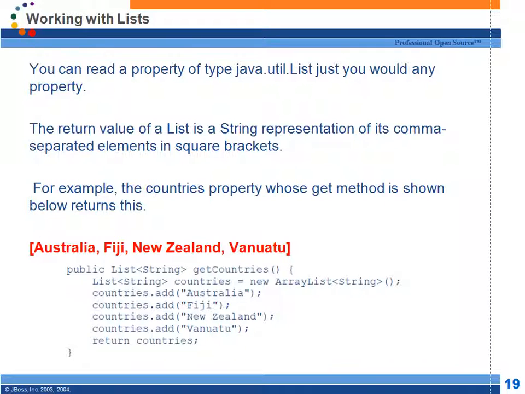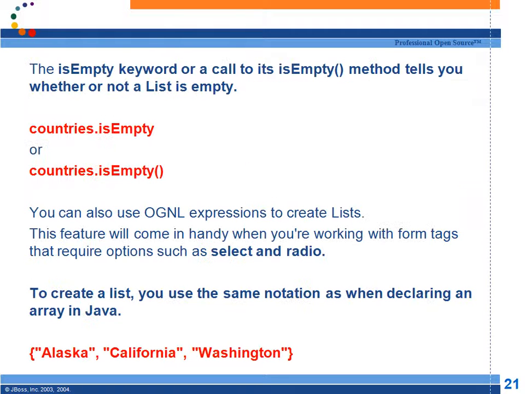Working with the list. See here, there is a method called getCountries, which is returning a list of countries. So if you try to print s:property countries, it will print. So you can access the lists also by using OGNL. And as a list, you can call the methods also.